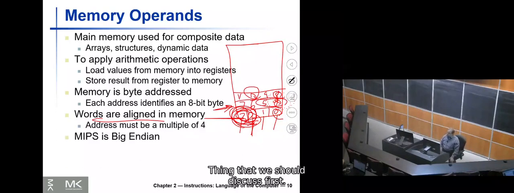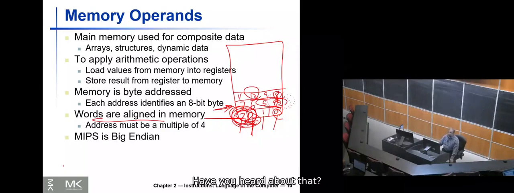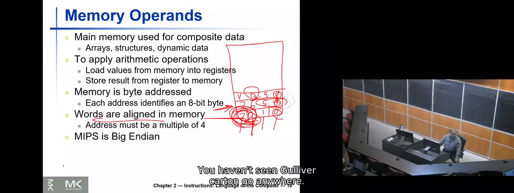The other thing that we should discuss first now is big endian or little endian. Have you heard about that? Little endian, big endian? No? You haven't seen the Gulliver cartoon?